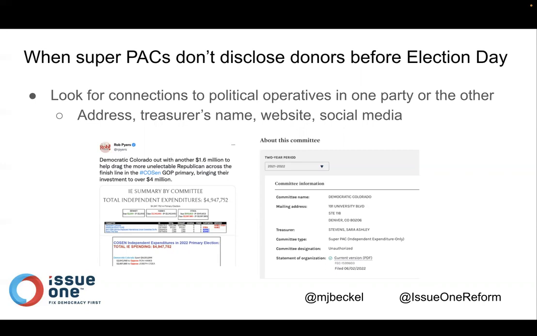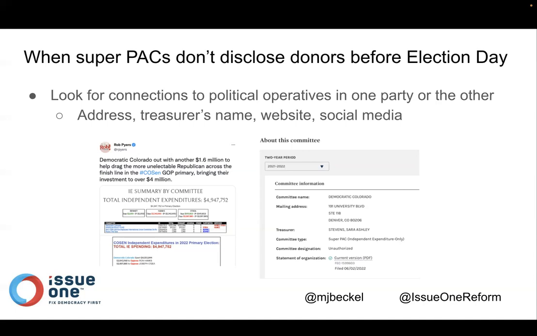Here's a couple of examples from Colorado earlier this cycle, when a group called Democratic Colorado ultimately spent millions of dollars, in some cases trying to promote an election-denying Republican in a GOP Senate primary.